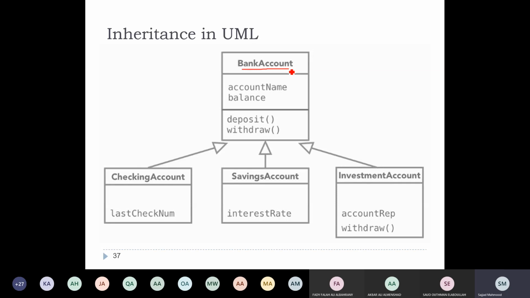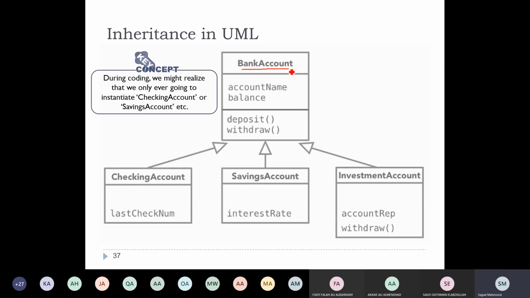Even during the code, you might realize, or if you are a more experienced designer, that there is an inheritance relationship between them. But at the end of the day, whenever I'm going to use an account, I never really use a bank account object at all. I always use these specific ones, right?